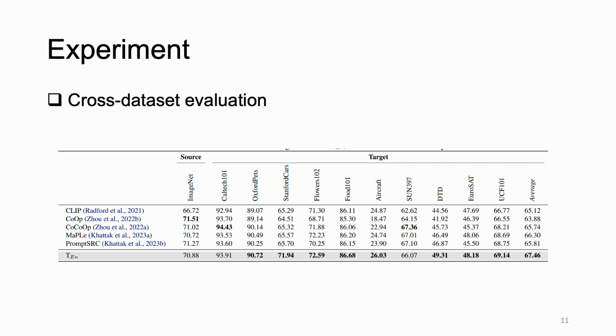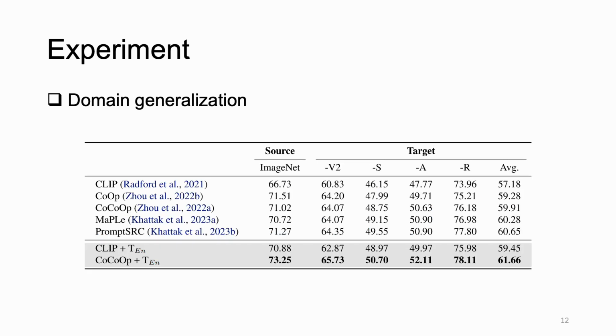And the next is the cross dataset evaluation. That means we train the model on ImageNet and then use the trained model to test on the other datasets. We can see our method can achieve much better results. And this is the domain generalization.